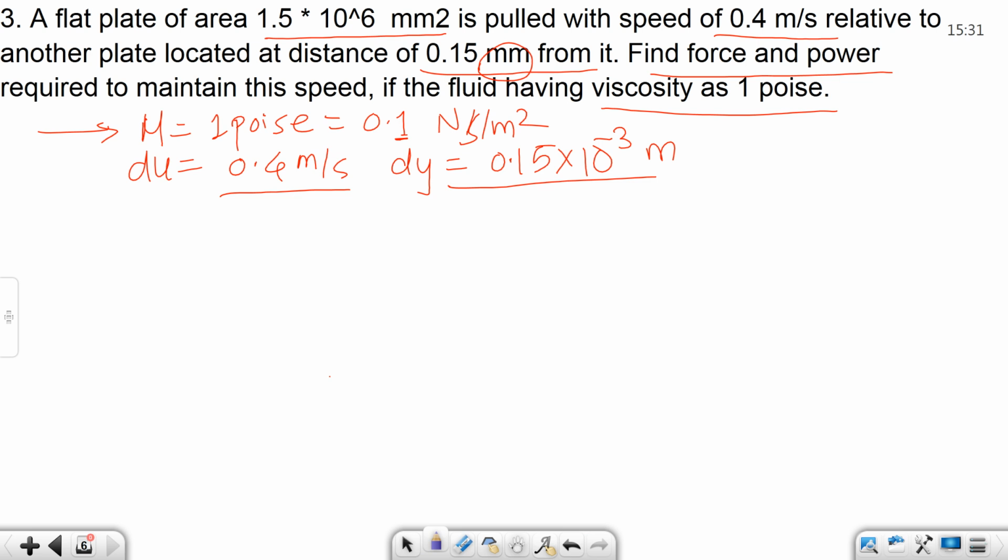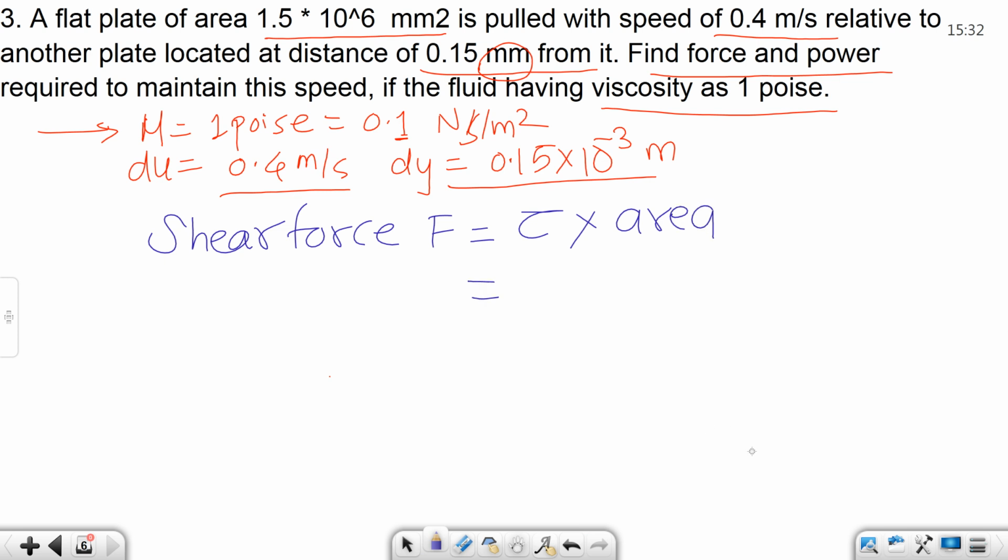Now a very simple part: we need to find the shear force. So shear force F is equal to, as we know, shear stress tau is equal to force upon area. So force is equal to shear stress into area. The area of the plate is mentioned clearly. So the force F is equal to shear stress tau, which I can write as mu into du by dy.